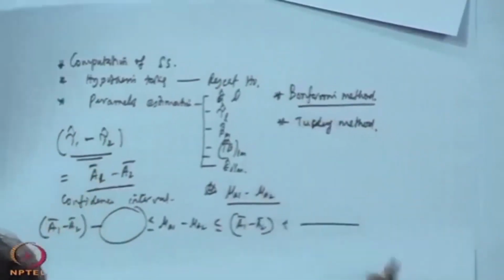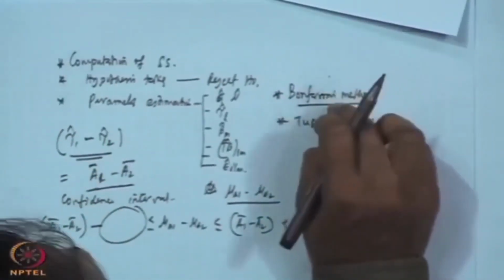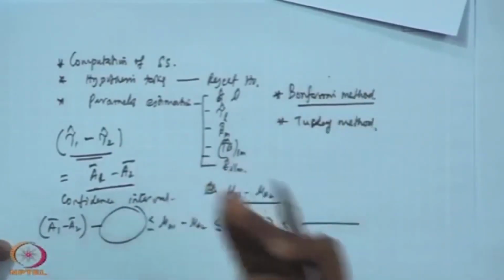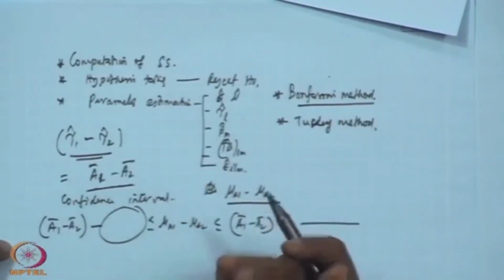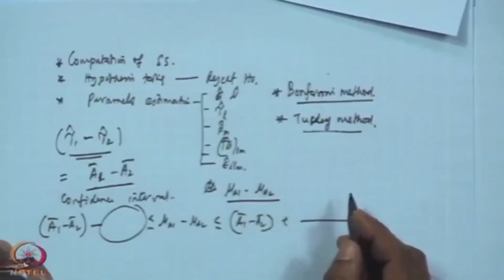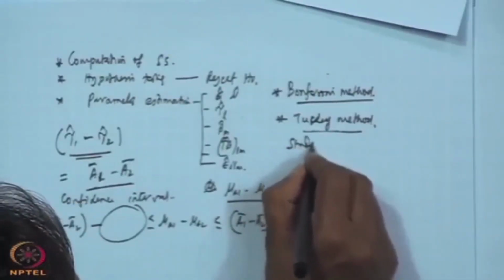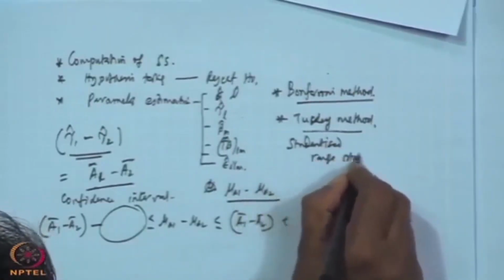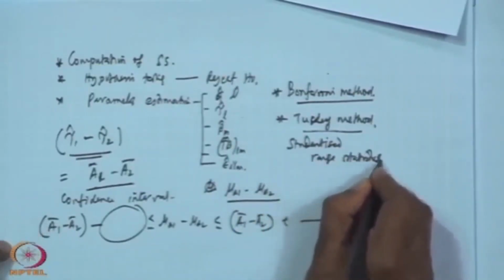If you use the Bonferroni method, ultimately you will be using the t distribution, and the alpha value has to be adjusted or weighted using the number of comparisons. If you go for the Tukey method, you will be using the studentized range statistic.